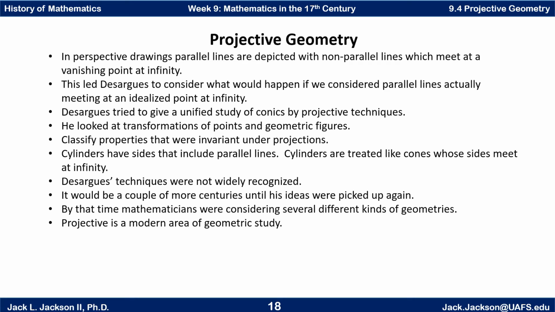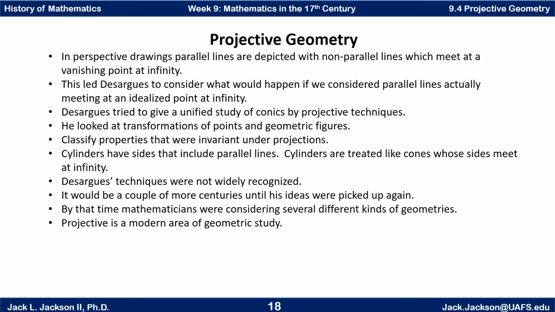He looked at transformations of points and geometric figures in a plane, and he tried to classify properties that were invariant under certain projections. Of course, projections were also used in map making, right? Different projections were used to take a sphere and try to turn it into a plane to make a flat map.